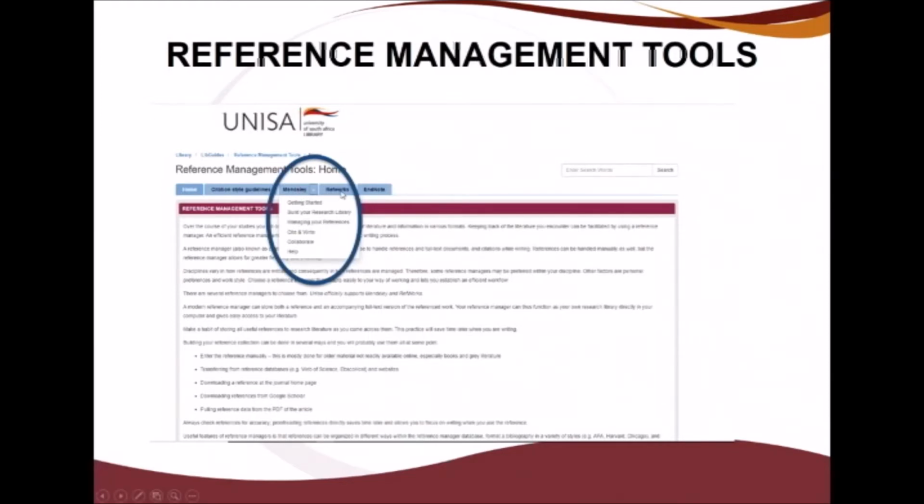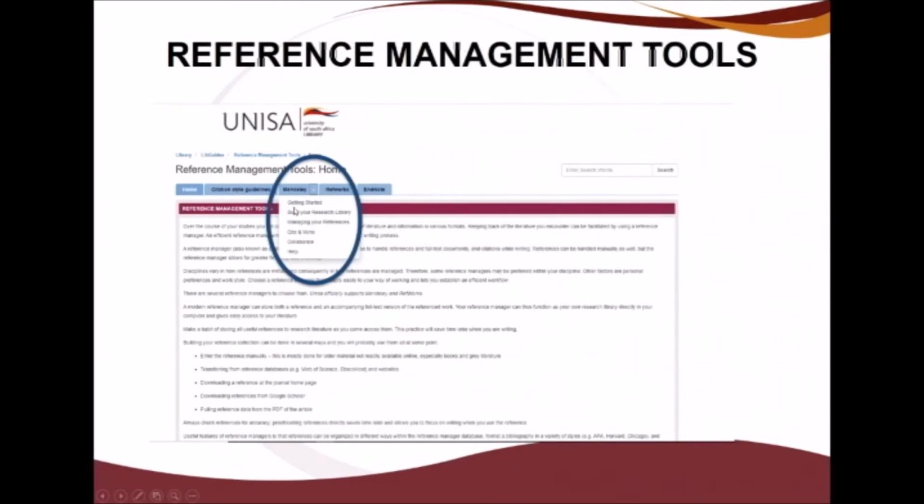We also support Refworks, and remember I said there are those that also use EndNote. So we have information on the three, but the key databases that we support are Mendeley and Refworks. When you click on that drop-down menu under Mendeley, it tells you that there are 4 things that you have to do.